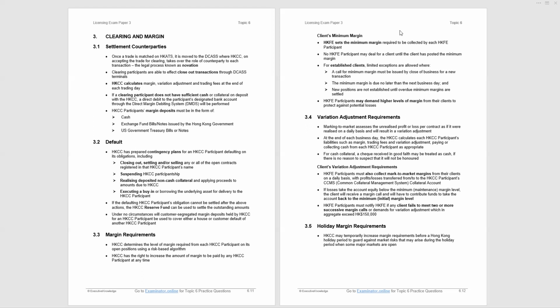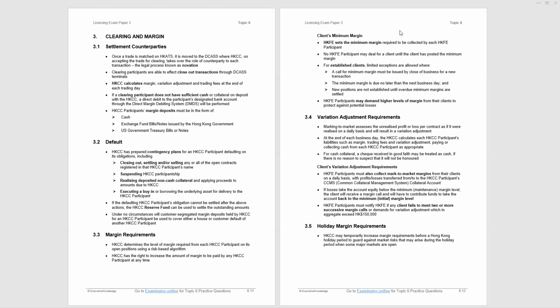Clients' variation adjustment requirements. So the futures exchange participant must also collect mark-to-market margins from their clients on a daily basis, with the profits or losses transferred from or to the participant's collateral account.